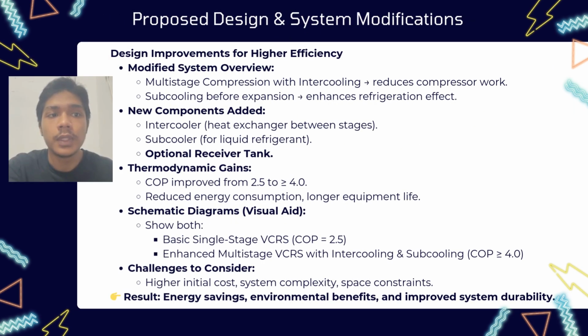For the proposed design and system modification to enhance the efficiency of the refrigeration cycle, we are introducing two key improvements: multi-stage compression with intercooling and subcooling of liquid refrigerant. In the first improvement, we divide the compression into two stages with an intercooler placed between them.